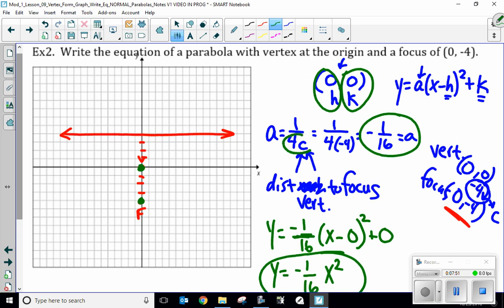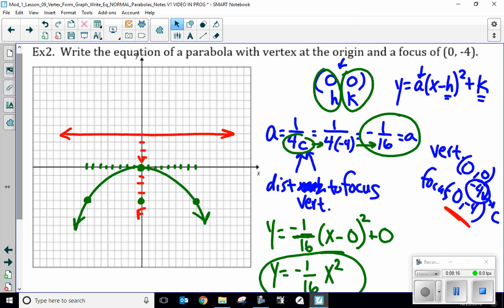That's what 4c is: 16. So I go 8 to the right, and 8 to the left. That point is down here, and that point is also down here. Right through, right through. It's money, butter.